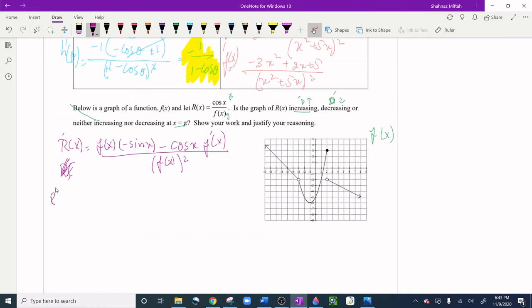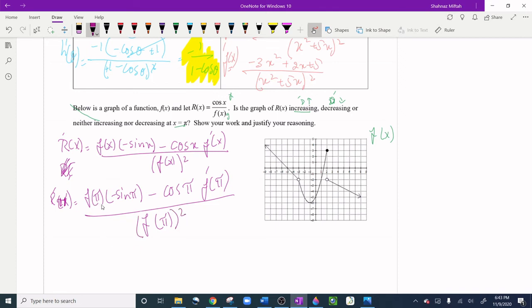Now I write r prime x again. Since they said at x equal pi, I'm not simplifying it. I just substitute pi for every x. So I have negative sine pi times f of pi, minus cosine pi times f prime pi, over f of pi whole squared.